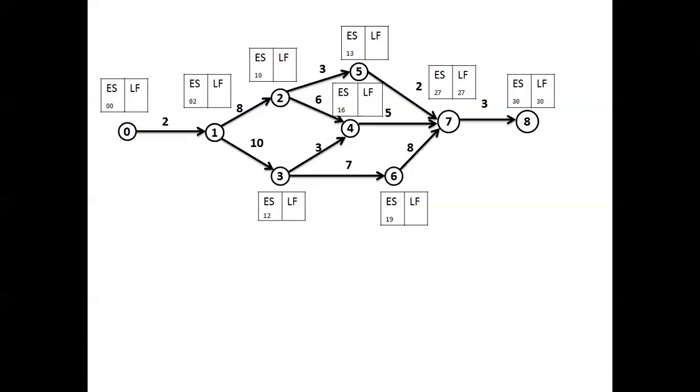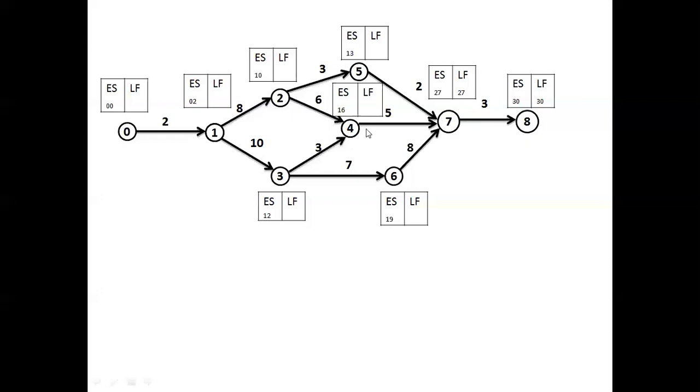If instead of 2 days it takes 14 days, then 13 plus 14 becomes 27, then 27 plus 3 becomes 30, which means the project will still be completed on the 30th day itself. That is why it is called the latest finish time. Activity 5 to 7 can be completed latest by the 27th day.